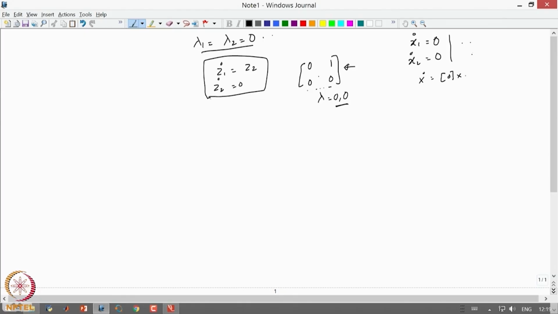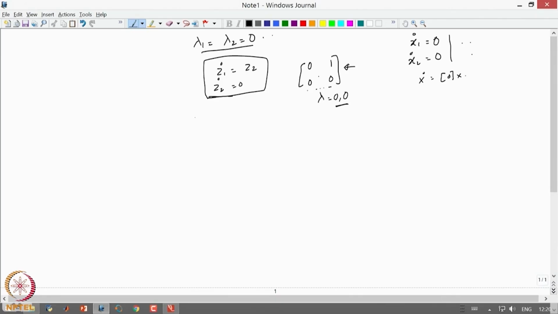Okay. So this case is a little interesting to draw the phase space. What I can see directly, even without worrying about the solutions, is that Z2 is a constant and Z1 dot varies positively with the sign of Z2. If it is minus Z2, then it will vary negatively with increasing Z2 and so on.